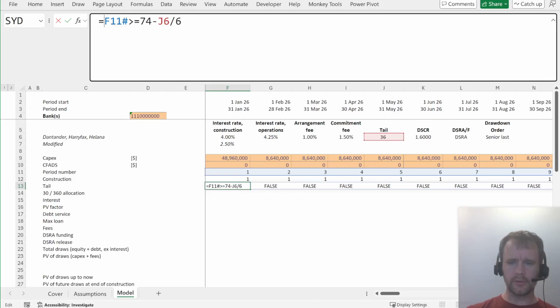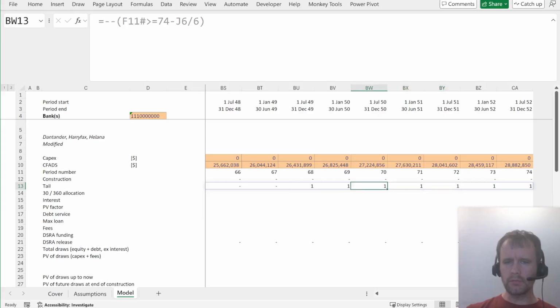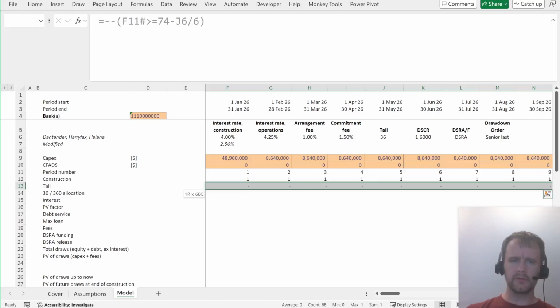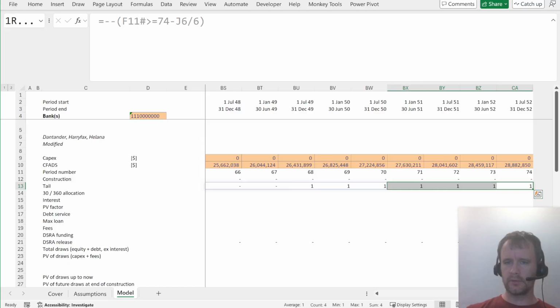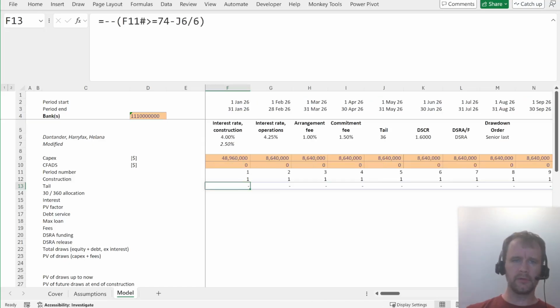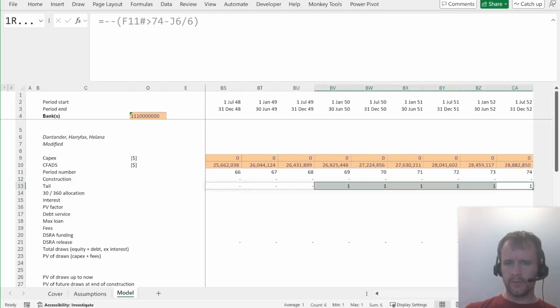I'll make that one also a double minus. Oh yeah, this club has a very long tail, 36 months, which is 3 years to do. Okay, so this needs to be greater than, not greater than or equal to, but otherwise we're good. So yes, 36 months tail.